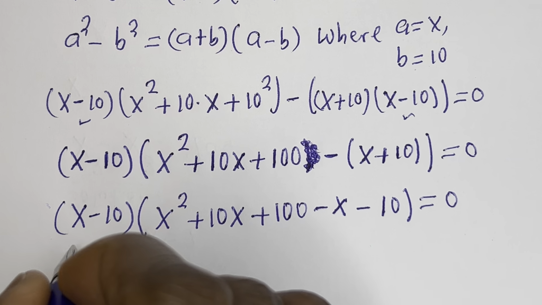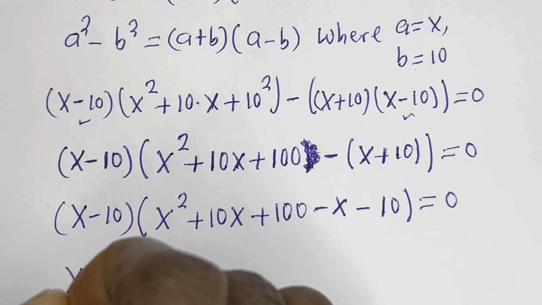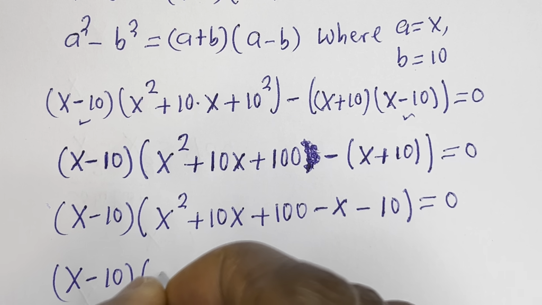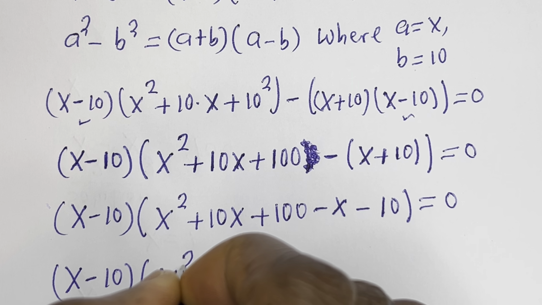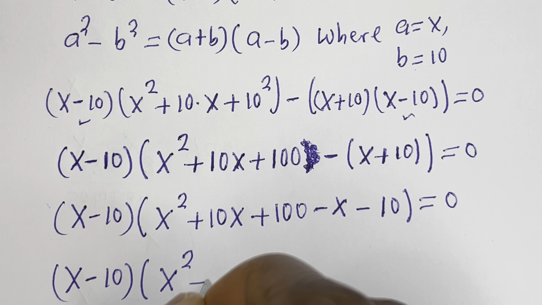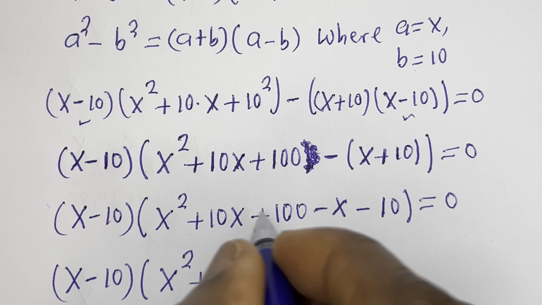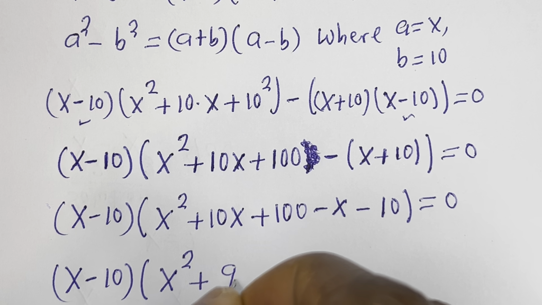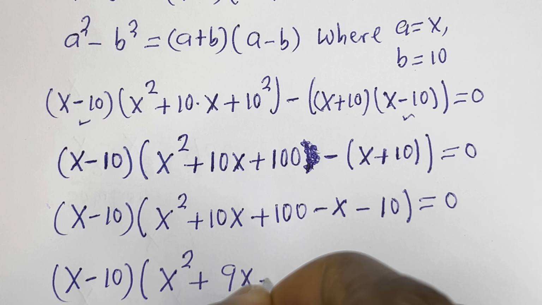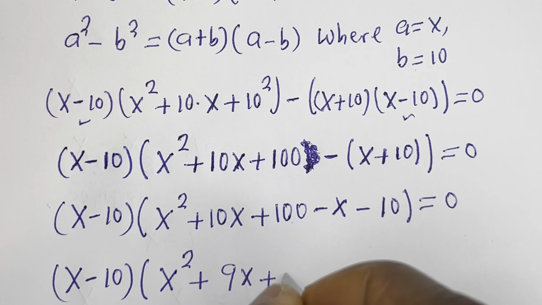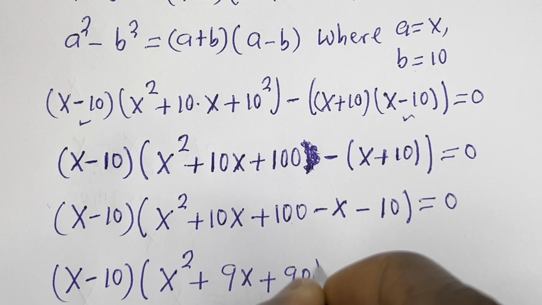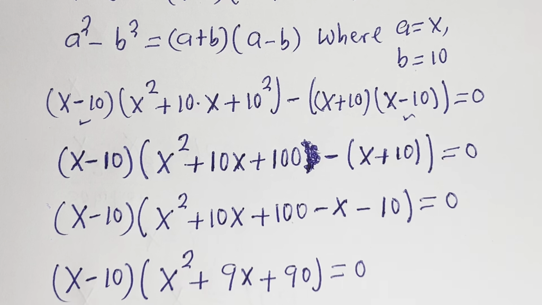Now this is s minus 10 bracket s squared plus 10s minus s, this is 9s plus 100 minus 10, that is 90, is equal to 0.